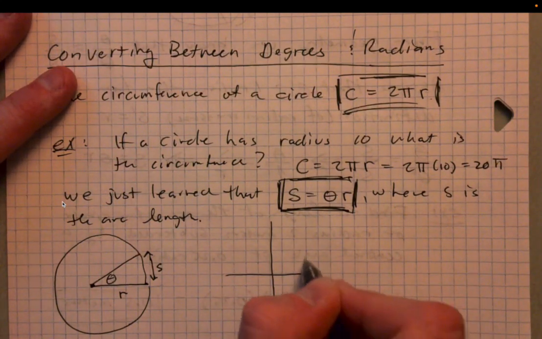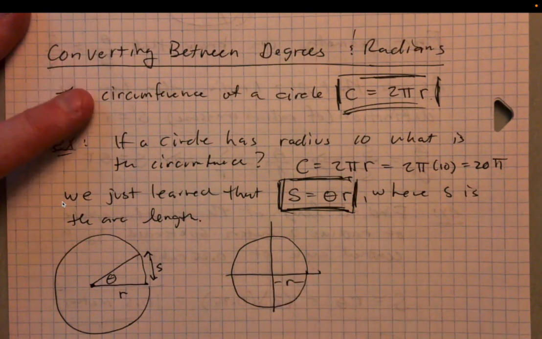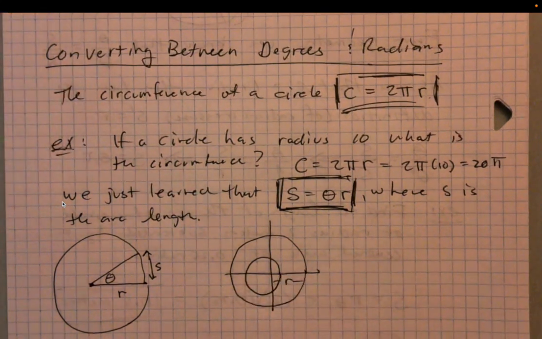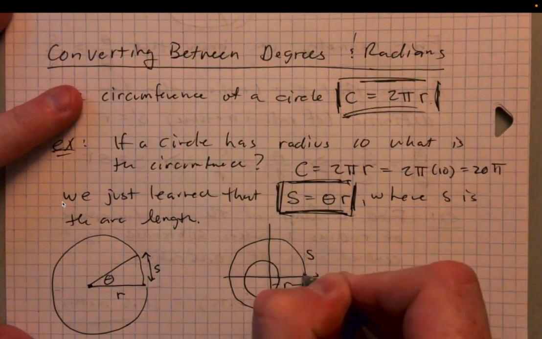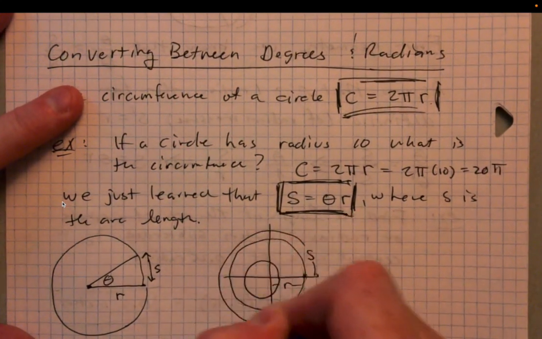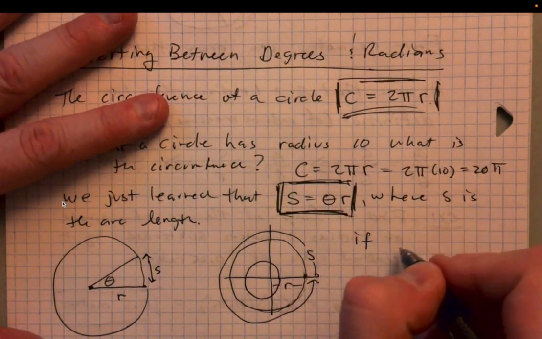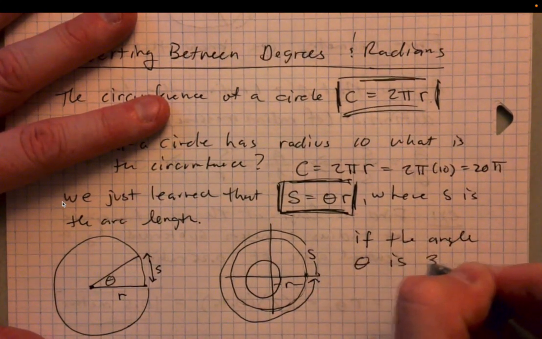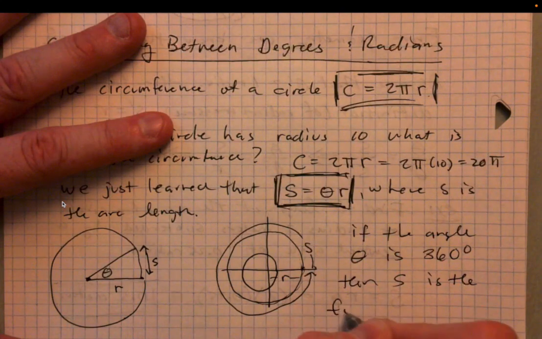Let's say I have my circle, and here's my radius right here. Let's say my angle goes all the way around. Then the arc that I've subtended is actually the full circumference of the circle. So S would be from here all the way around, the entire circumference of the circle. So if the angle theta is 360 degrees, then S is the full circumference.